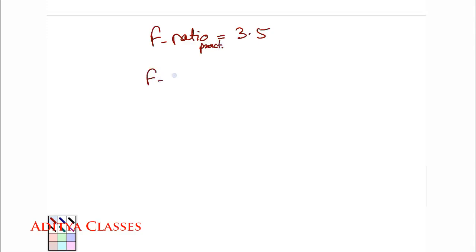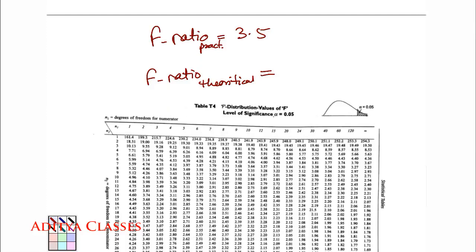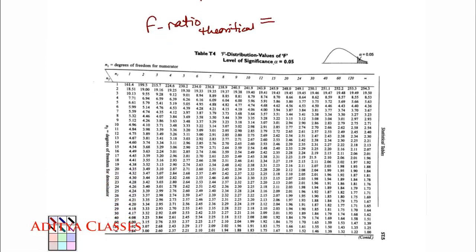Now I need to find out F ratio theoretical. For this, we'll be needing the table, so we'll import the table over here. Here we have our table. Now F distribution table. This is F distribution values of F level of significance 0.05.